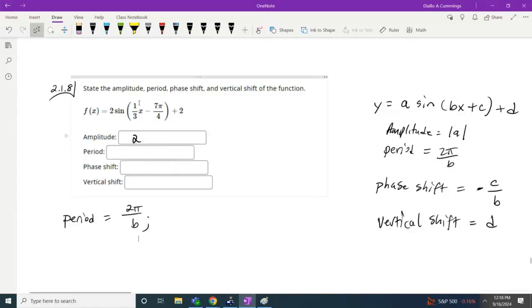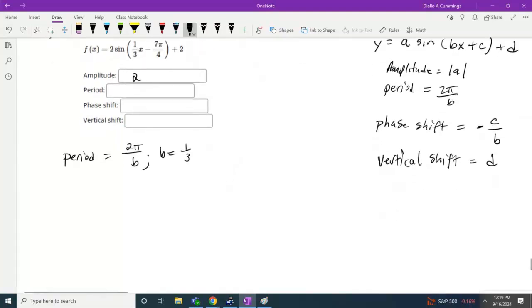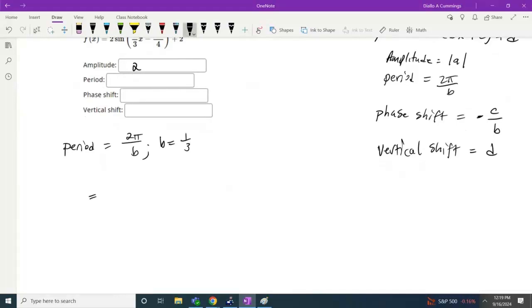If I look at my value for b, which is the coefficient of x, b is going to equal 1/3, right? So now here's the period. I'm going to make the top a fraction. So I'm going to take 2 pi and put that over 1. So that's still 2 pi. In the denominator, I'm going to write 1/3.